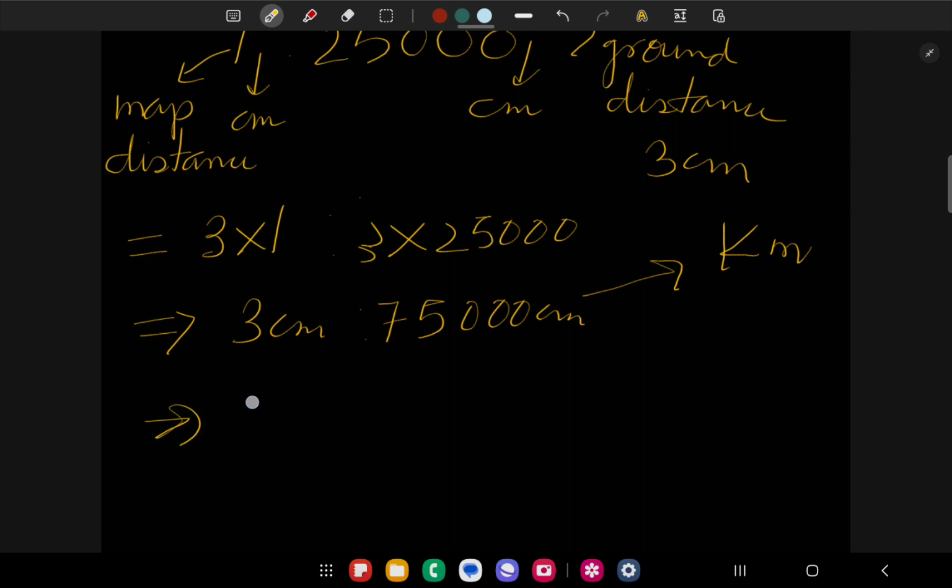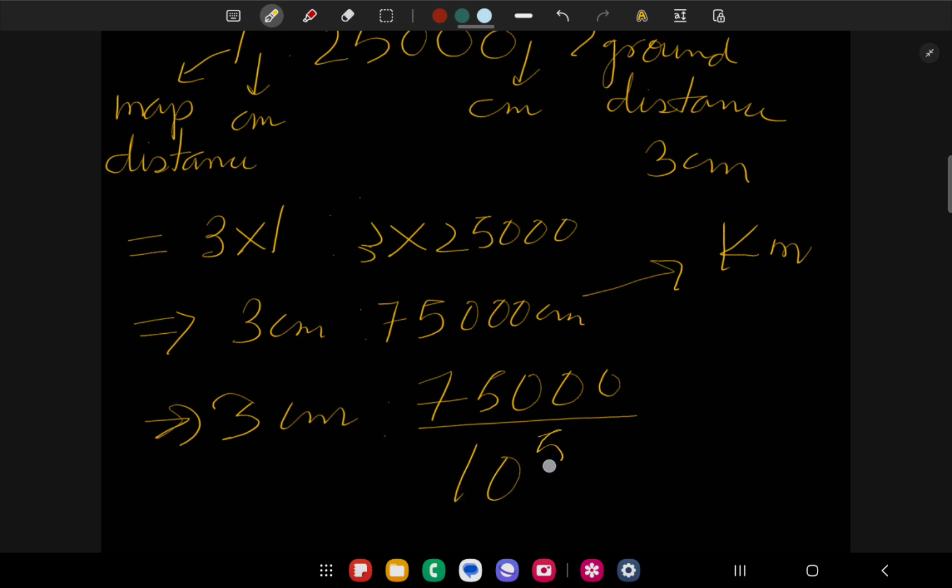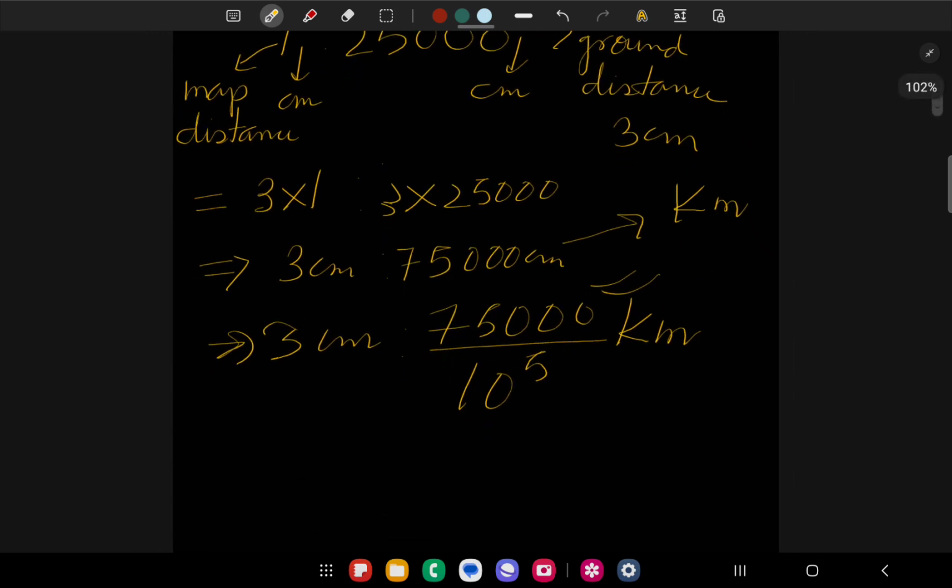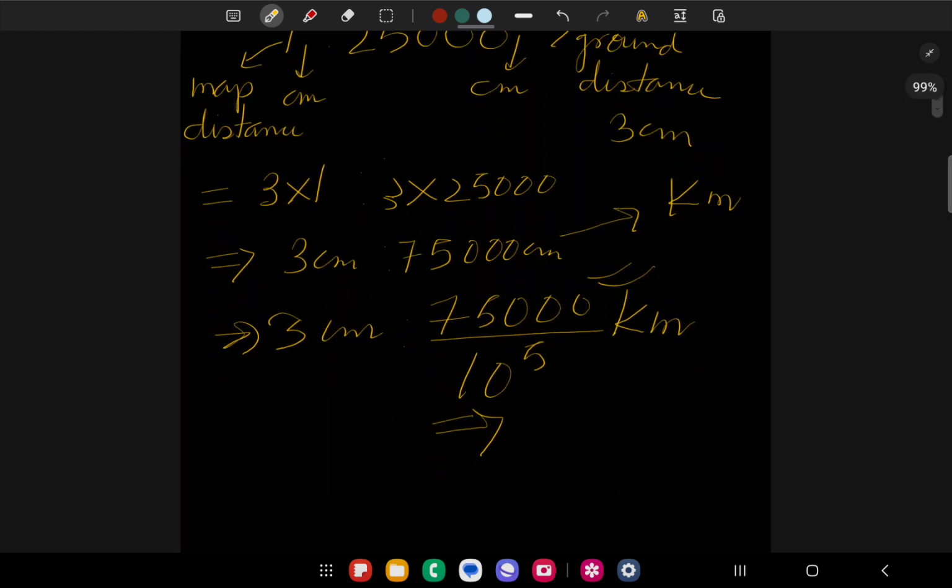So 3 centimeter equals 75000 upon 10 to the power of 5, it will be in kilometer. So you just do the maths and you'll get a result. So in this way you can find the actual ground distance with respect to map distance.